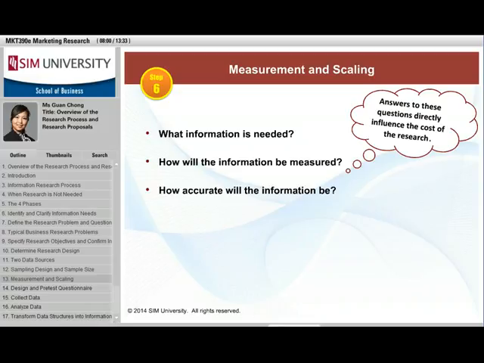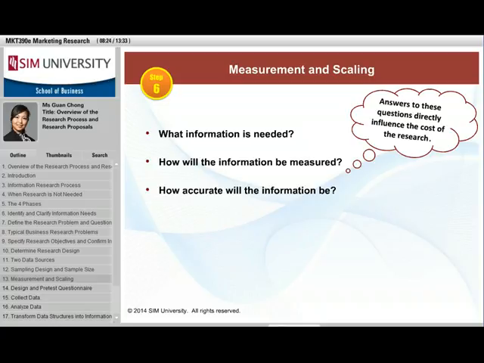Step 6. Assess measurement issues and scales. Measurement process determines how much raw data can be collected and the amount of information that can be inferred from the data. Researchers need to answer the following questions. What level of information is needed from a variable?